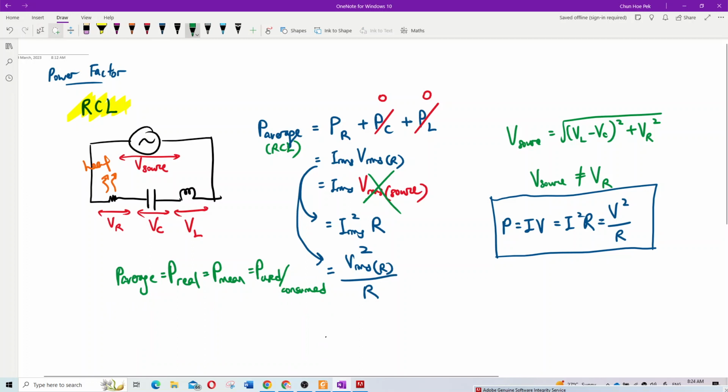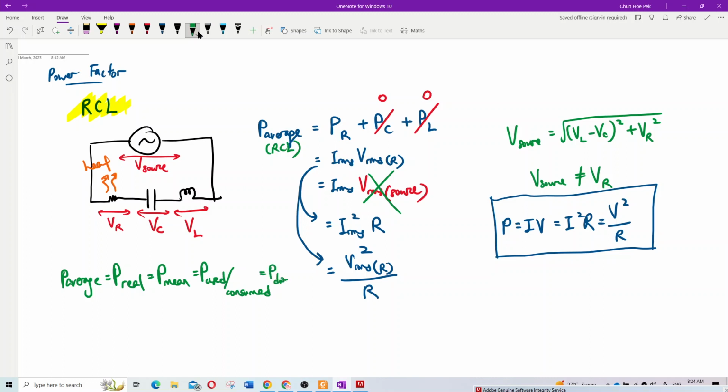And then we can also say this is power dissipated, or power loss. I just want to tell you the several names. Power loss in the resistor only.